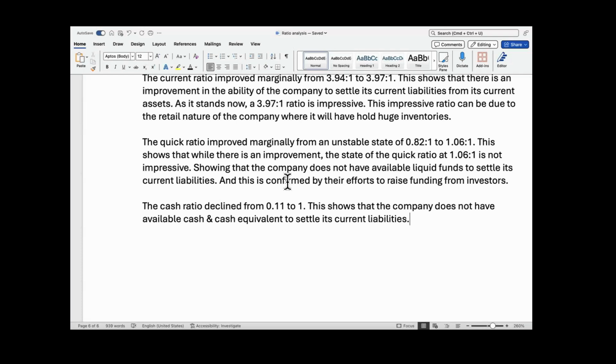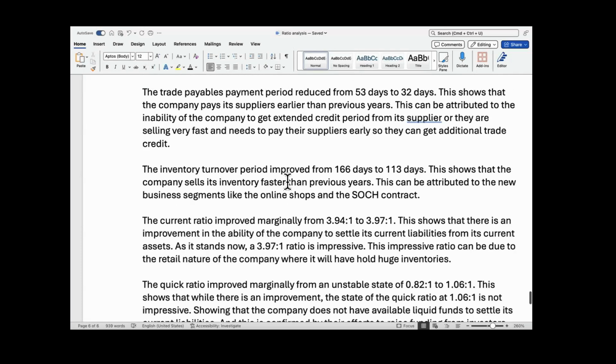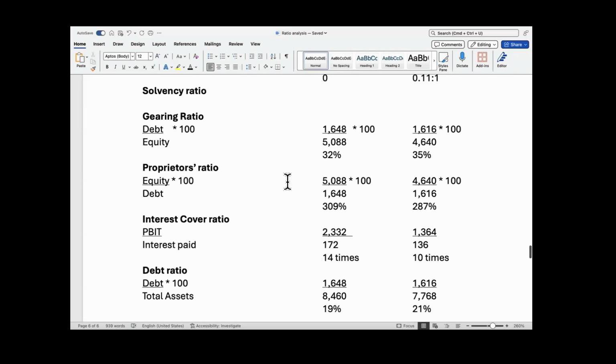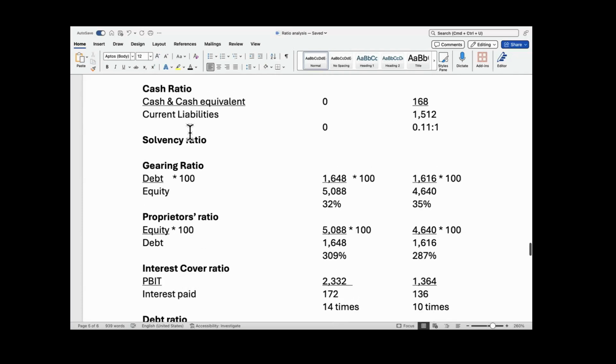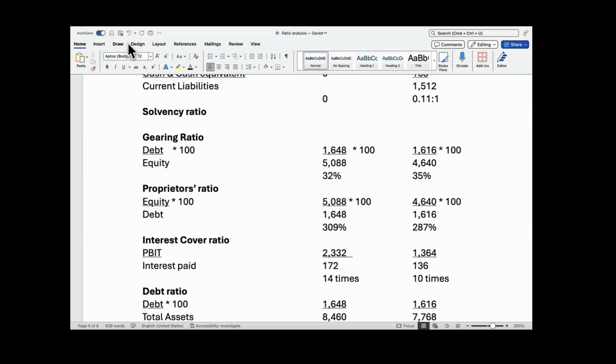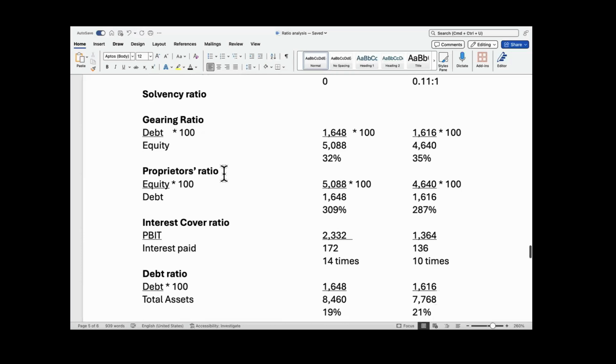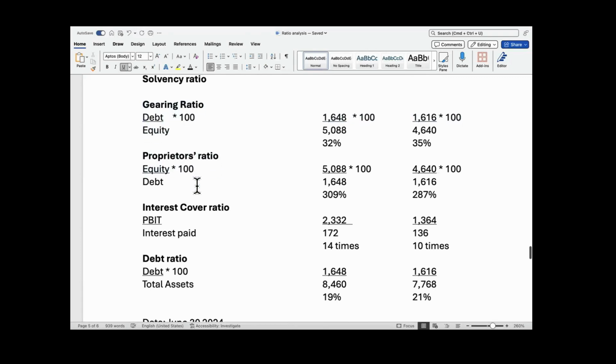Okay, so let me move to the last part, which is the solvency. So do you have any comments before I move there? Okay, let's go to gearing ratio. So for exams, I computed gearing ratio, proprietors ratio, debt ratio. Don't bother computing all of this. Just compute gearing ratio and interest cover.